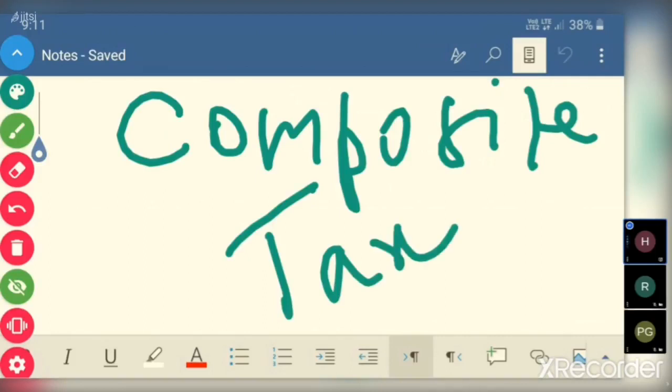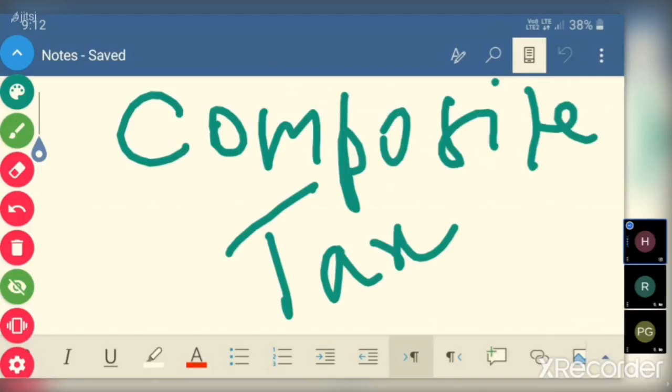One is the regular value-added tax concept, like tax on sale or supply, or tax on output minus tax on purchase or supply input. So tax on output minus tax on input, net we will remit. That is the regular value-added tax concept in GST.